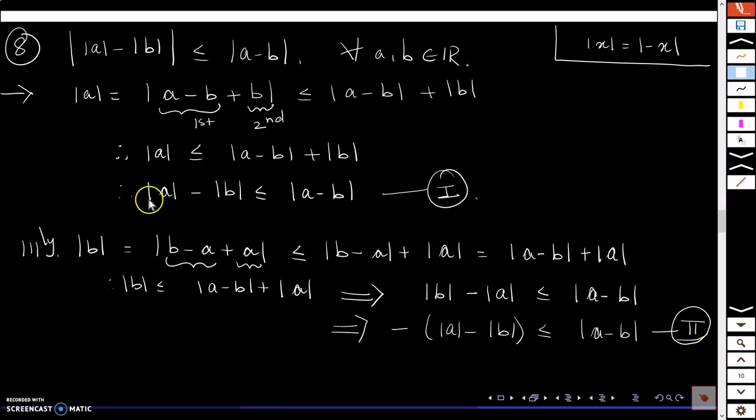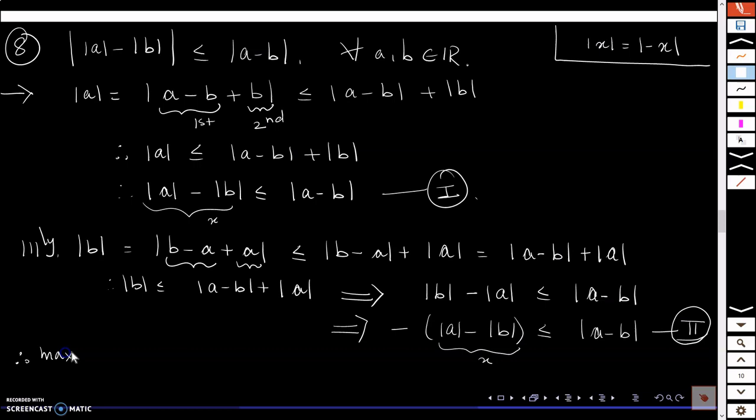Now if you see, if you take mod a minus mod b and think of this as x, then x is less than or equal to modulus of a minus b. And that same x is appearing here, and minus x is also less than or equal to modulus of a minus b. So both of them are less than or equal to modulus of a minus b. So their maximum also will be less than or equal to modulus of a minus b, right?